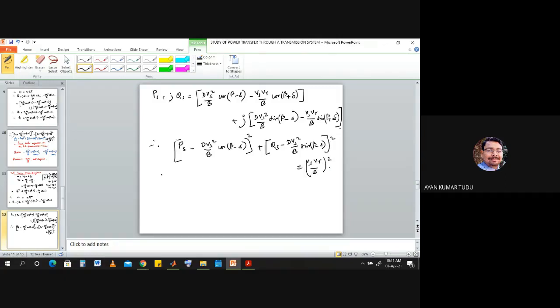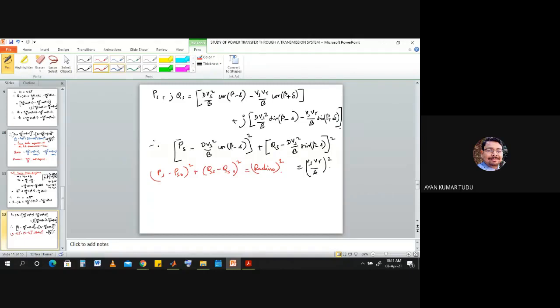Okay, so here what is the center? This is nothing but PS minus PS0 whole square plus QS minus QS0 whole square equal to our radius. Again, this is the equation of a circle for the sending end.